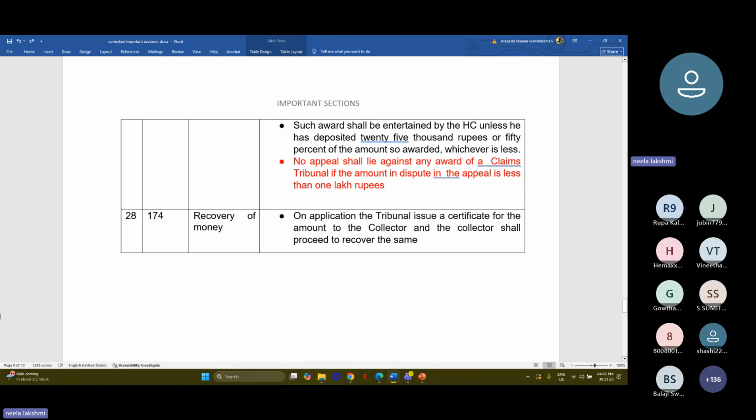Section 174 allows an application to be made to the tribunal, which will in turn issue a certificate for the amount to the collector. The tribunal will directly order it to the collector and the collector will start the recovery.